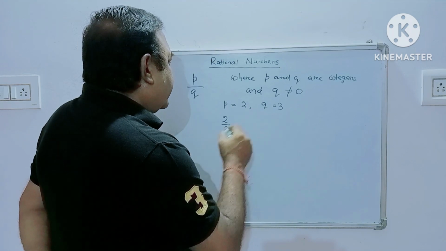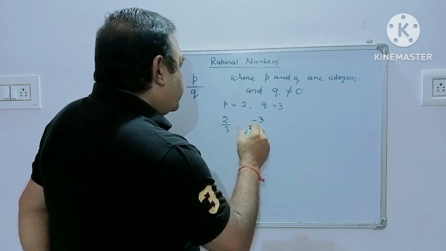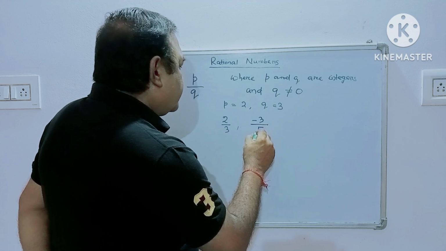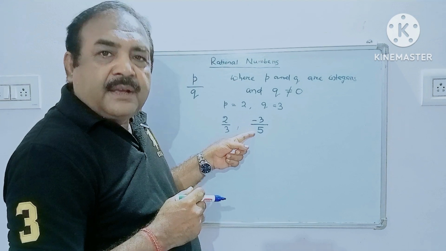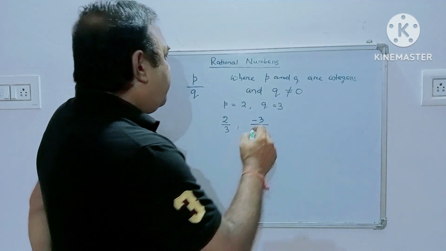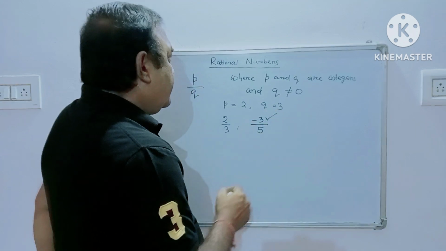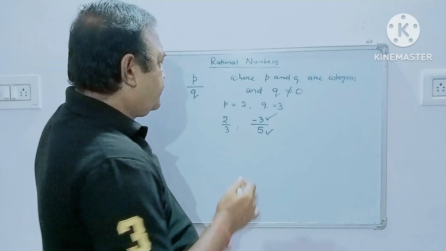Suppose I will take P is equal to, suppose minus 3. Is it a rational number? Yes, it is a rational number. Minus 3 upon 5, because minus 3 is an integer, 5 is an integer, and 5 is not equal to 0.